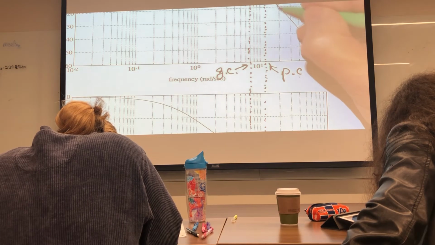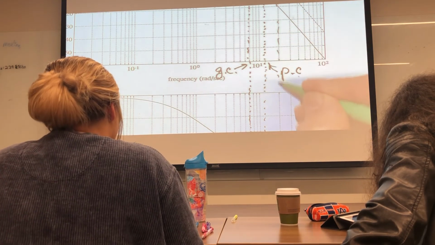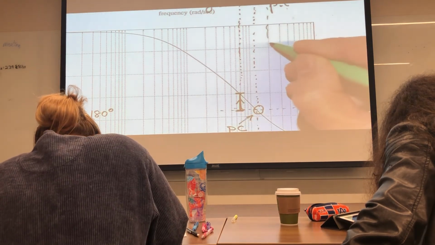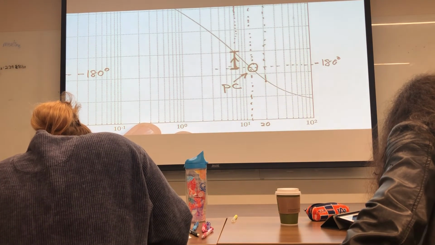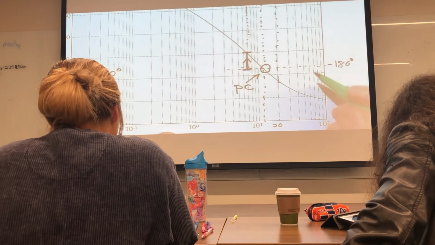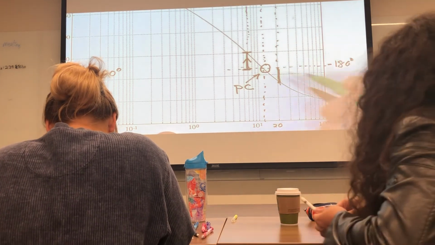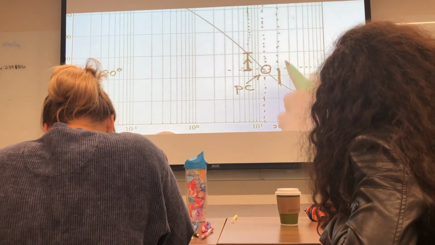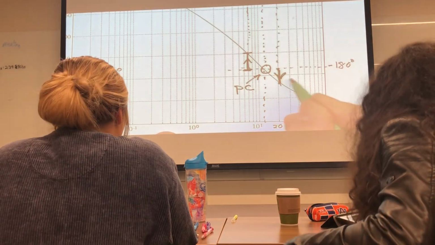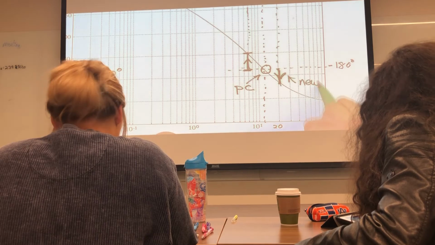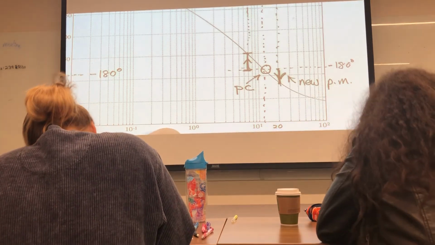And now we drop down into the phase. We hit the phase curve here. We draw the new phase margin like this. We go from 180 to the phase, and so now we see the arrows change directions, and this is the new phase margin.